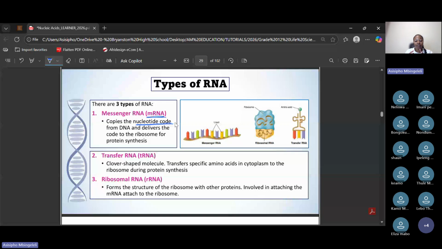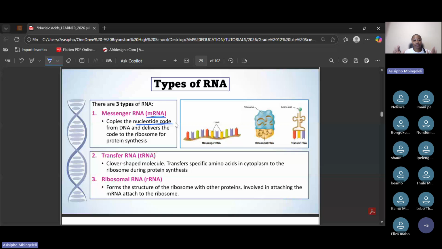Now, this type of RNA is going to copy this code from DNA and then deliver it to the ribosome, and that will take place during a process called protein synthesis, which I'm not sure if we'll be able to cover in this lesson or not. Time will determine that. Then we have another type of RNA, which is called transfer RNA.